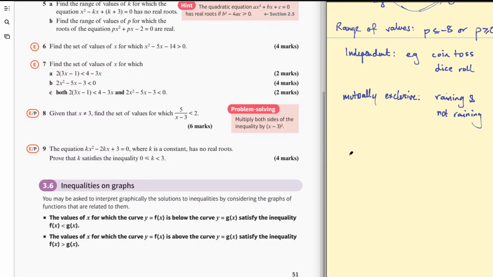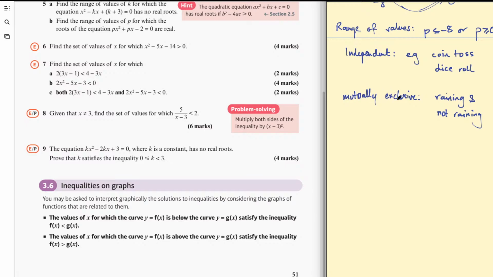So if we compare them, I guess the thing is that independent can either be mutually exclusive or not. So it can be mutually exclusive.